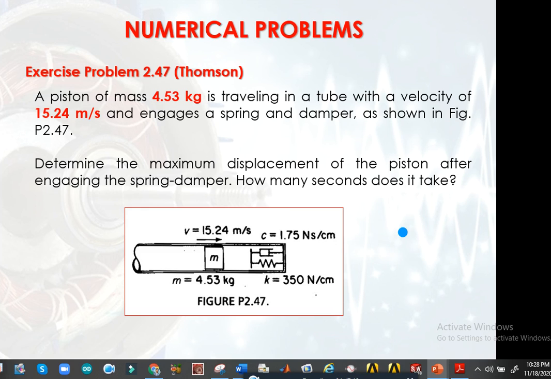Then we take its first derivative and put in the second boundary condition, that is the impact velocity equal to 15.24, and with this we find the other arbitrary constant. When we put the values of these constants back into the vibration response of the underdamped case, we have the time response of the vibrating system.